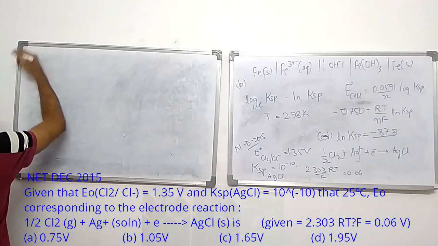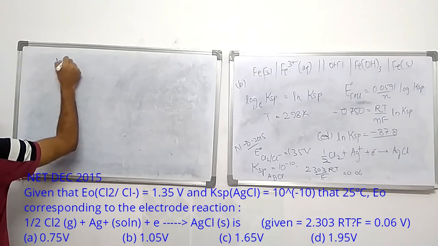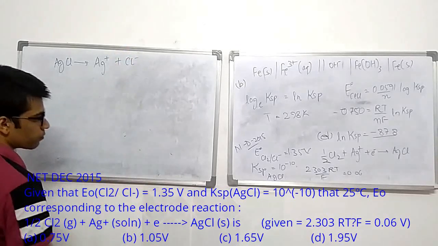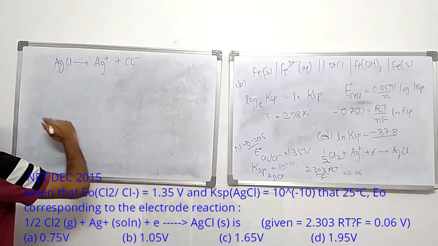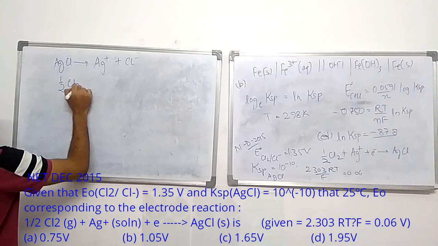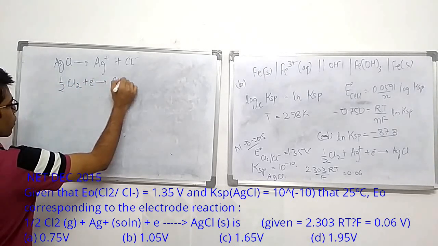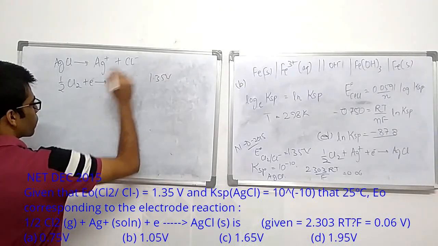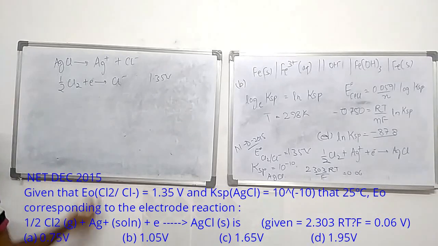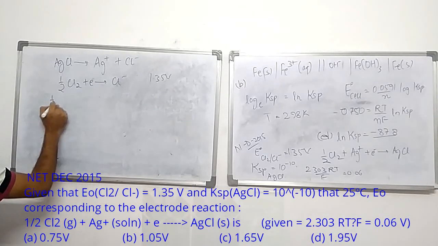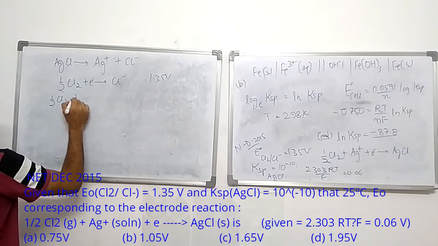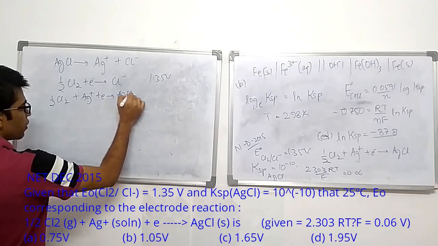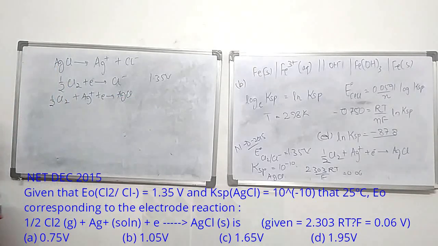For silver chloride, we know silver chloride gives silver ion plus chloride ion. We have E naught for this reaction, whose E naught is 1.35 volt. Another reaction is half Cl2 plus Ag plus electron gives AgCl. Using these two, we have to arrive here.